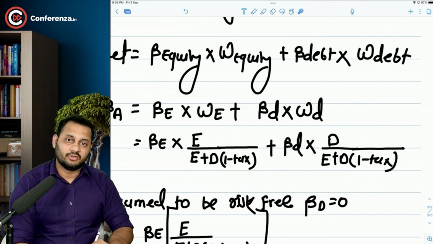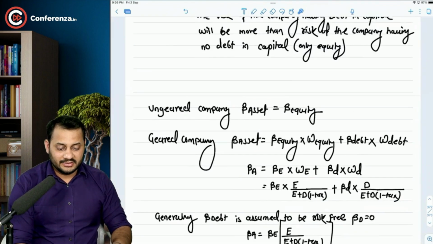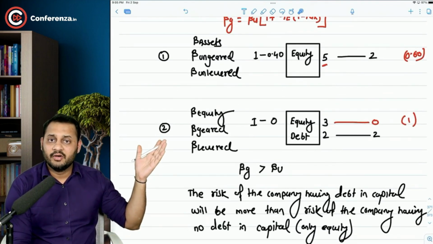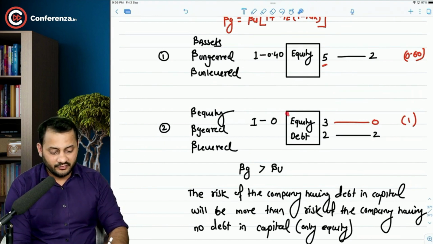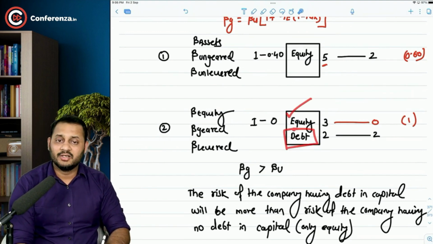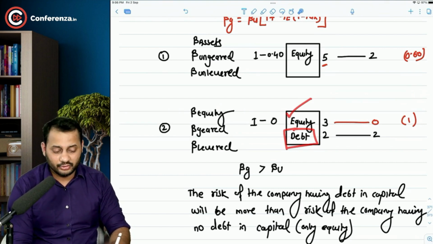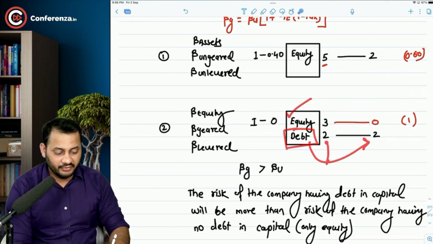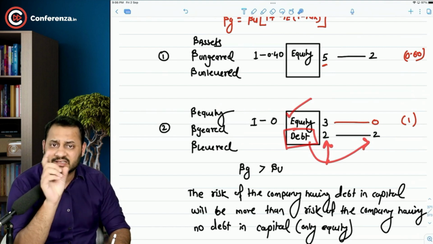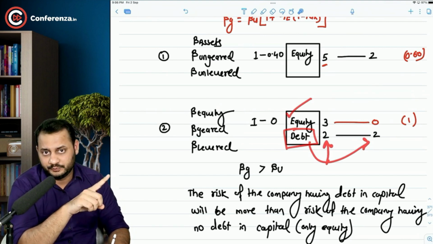But what happens normally? You can clearly see that in case of a levered company, the risk of equity holders increases, but virtually debt holders have no risk because they know that in case of liquidation they will be the first to get the payment. So debt beta virtually is considered as zero.